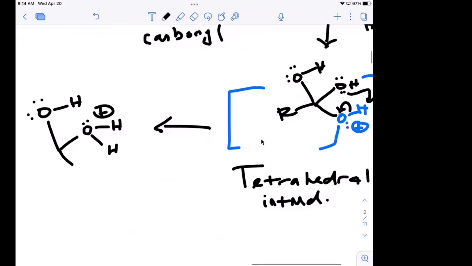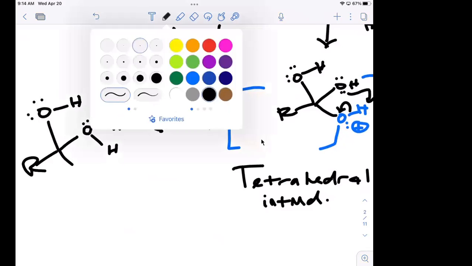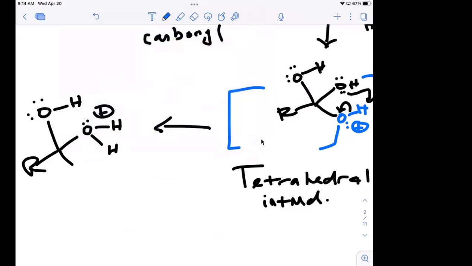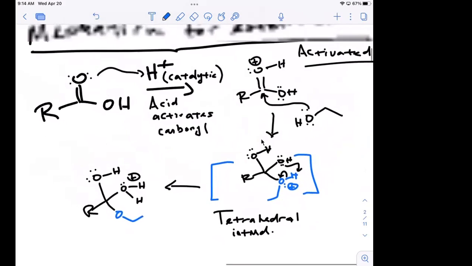That's positive now. R group doesn't change, and then my alcohol is still here, like that. Make sure I got enough carbons on that. Yes.